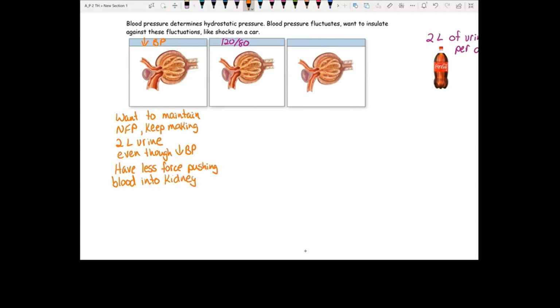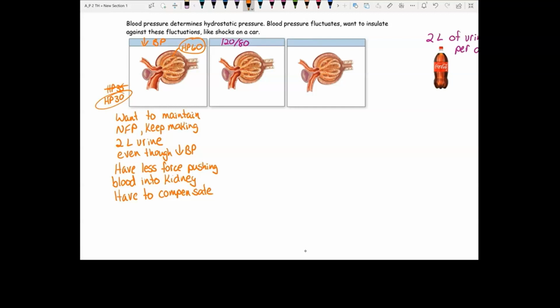So we have to compensate for this. Remember before we said that elsewhere in your body, the hydrostatic pressure was 35, and then in your kidney, because the afferent is bigger than the efferent, we got our hydrostatic pressure up to 60. Now, because blood pressure is lower, that's not 35. Let's say maybe this is 30. So you have to do something to still get this to 60, even though you have a lower starting number.